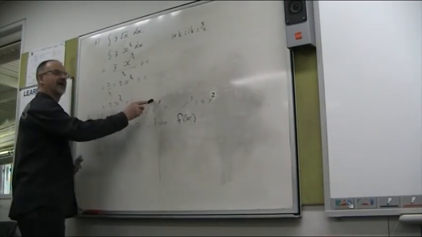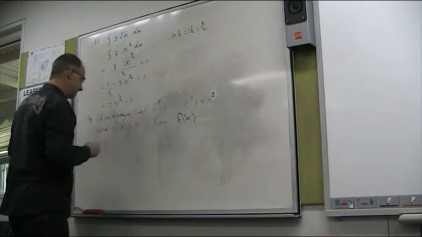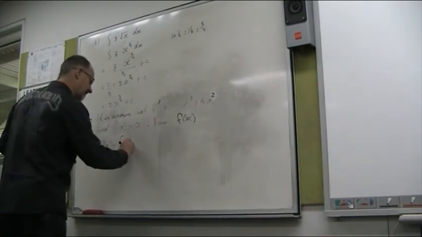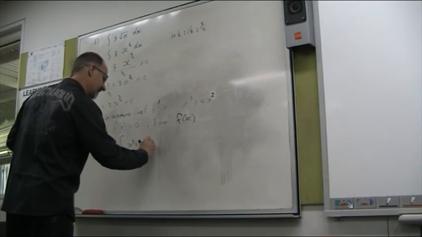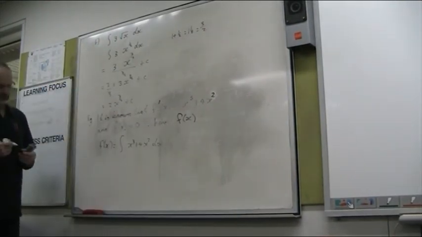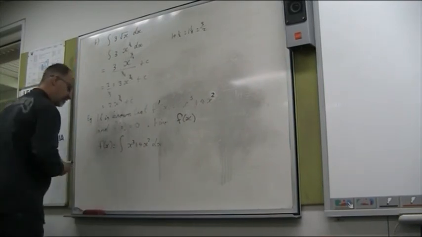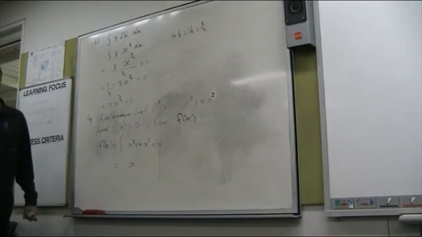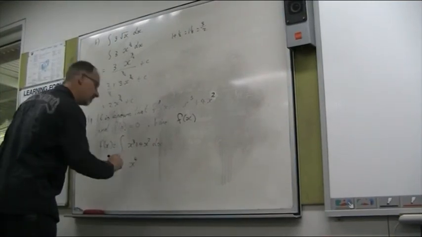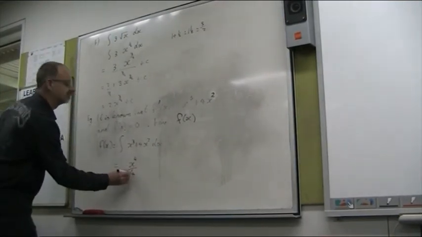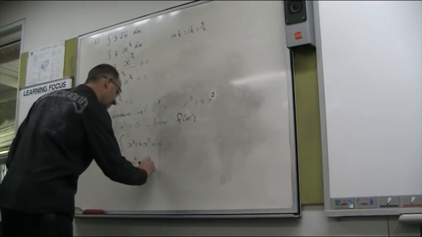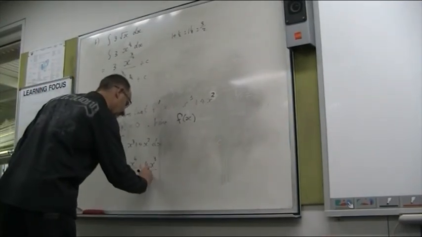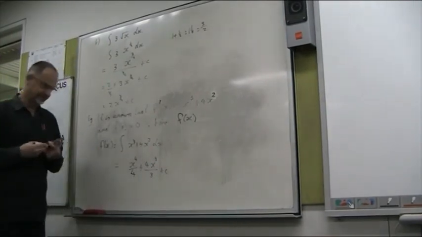To get from our derivative back to our function, we've got to anti-differentiate our derivative. So our function would be the integral of x cubed plus 4x squared dx. x cubed will become x to the 4 over 4. 4x squared will become 4x cubed over 3 plus some constant.